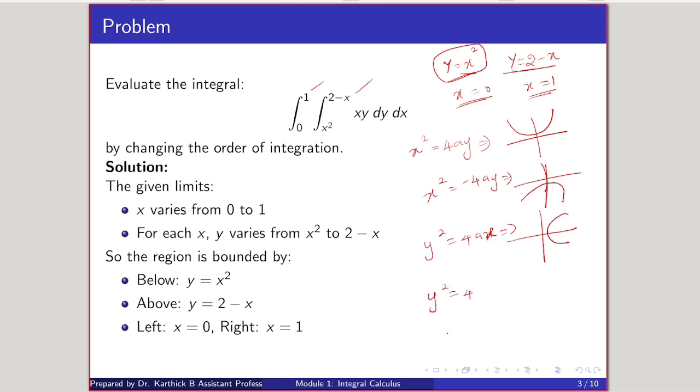Then y square equal to 4ax with the negative sign will open leftwards. So this matches x square equal to 4ay, so clearly it is a parabola.